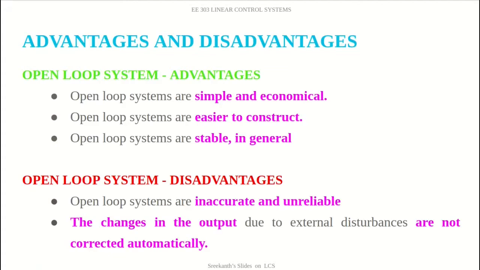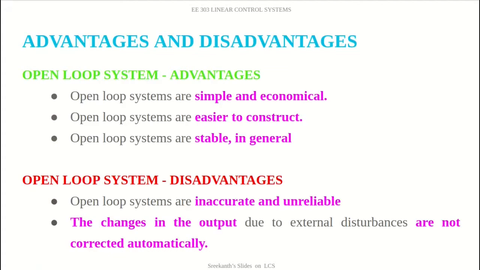That means there is not much cost involved to produce an open loop system, and construction wise also it is very much easier to construct an open loop system when compared to a closed loop system. Moreover, an open loop system is stable in general. So due to these advantages, people still opt for open loop systems.